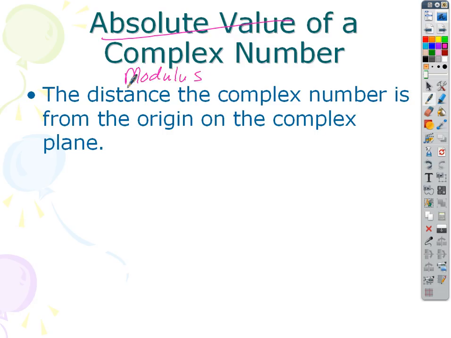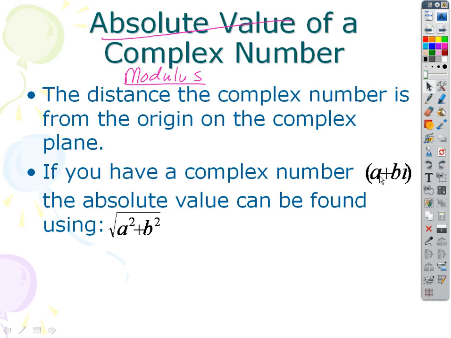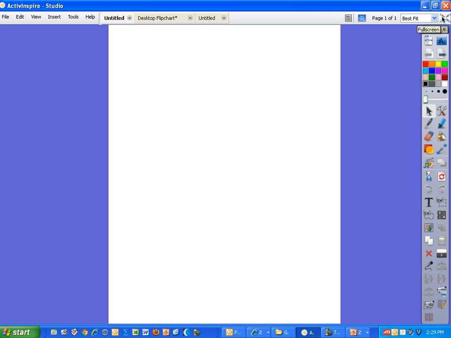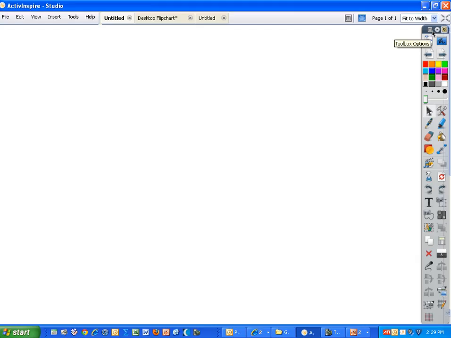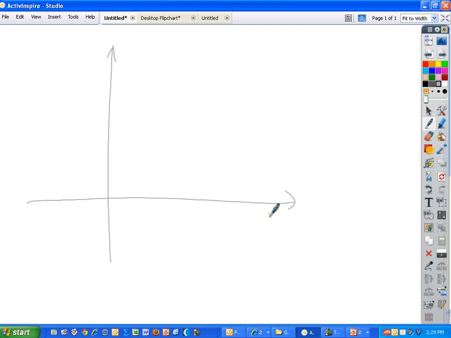For example, if I have a complex number a plus bi in the complex plane, think what that looks like. Here's my imaginary axis, so that's b. Here's my real axis, so that's a. If we plot a plus bi in the complex plane, then this distance right here is the modulus.